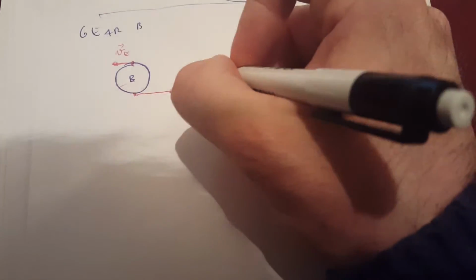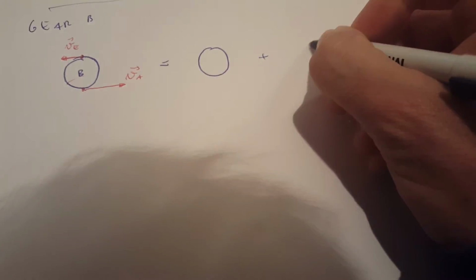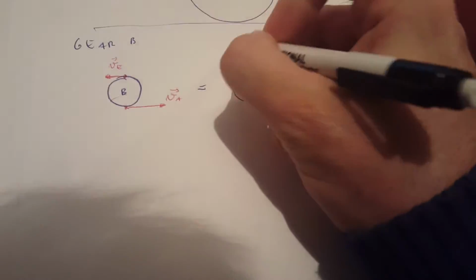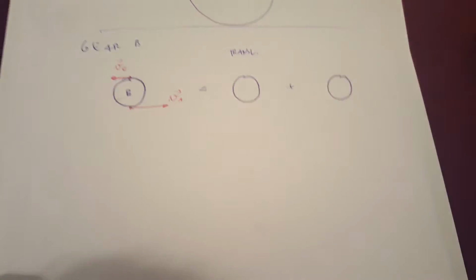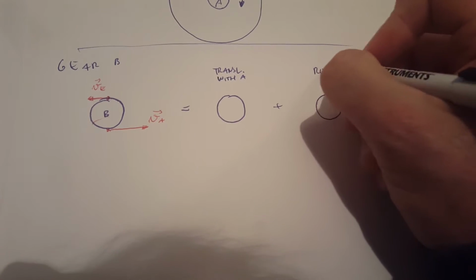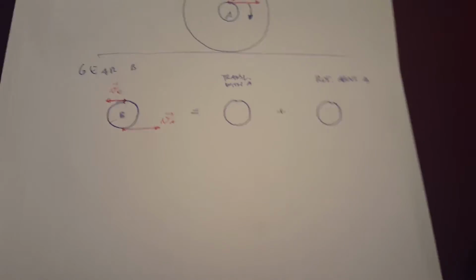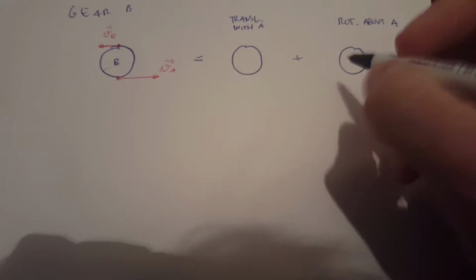Now what I do is decompose this into a pure translation and a pure rotation, as always. This is a translation; I have to choose a reference point, I'll say A, and this is rotation about the pivot point, which I will say is A. I selected A, but I could have selected any other point.